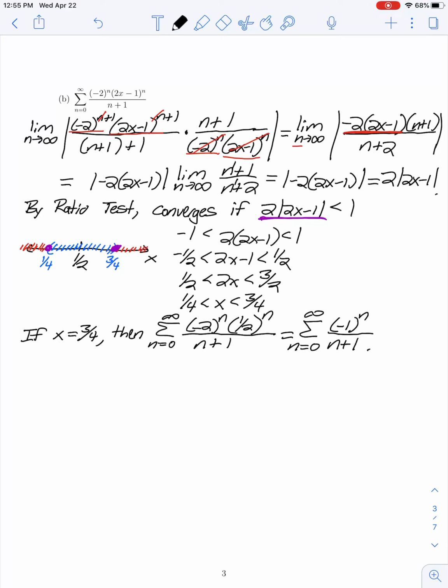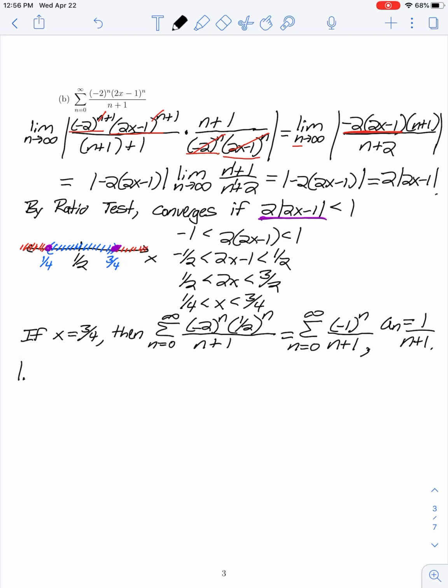So again, this is an alternating series. So to determine convergence, we need to apply the alternating series test. So for this series, a sub n is 1 over n plus 1. And there's two things that we need to check for the alternating series test.